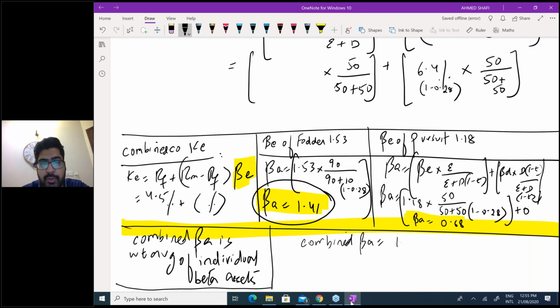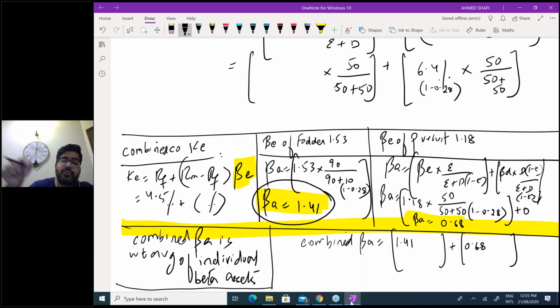That means individual beta assets 1.41 plus 0.68. So obviously combined beta asset will be the average of both beta assets, but weighted in proportion to their market values. What are their market values?